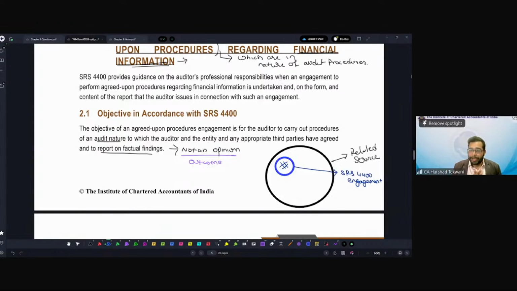In literal terms, do not interpret that the person has to be an auditor in order to perform the SRS. The answer is no. Any further doubts, guys?